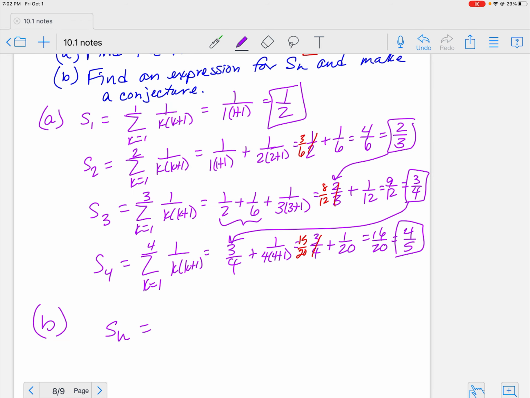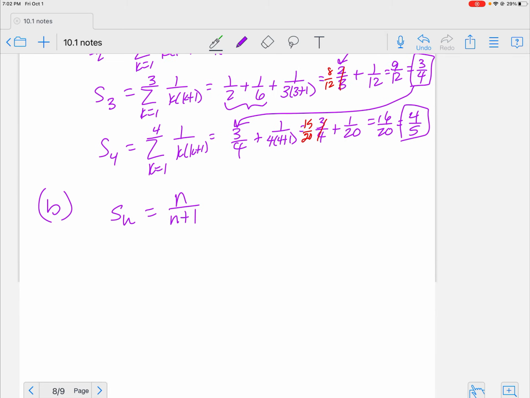S sub n pattern. What are you seeing? Yeah, there's one more in the denominator every time, right? So look at this. n over n plus 1. I've got 1, and then 1 more is a 2. I've got 2, 1 more is a 3. 3, 1 more is a 4. You seeing this? Yes, so that's my pattern. That is my S sub n.